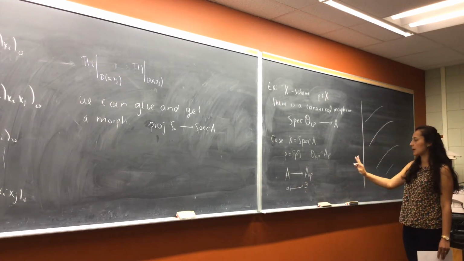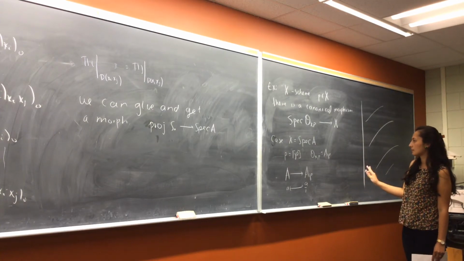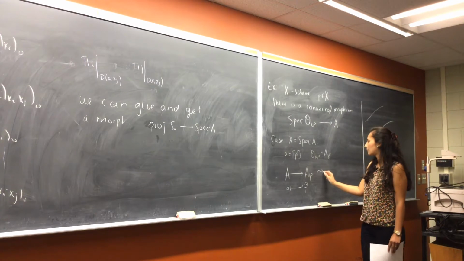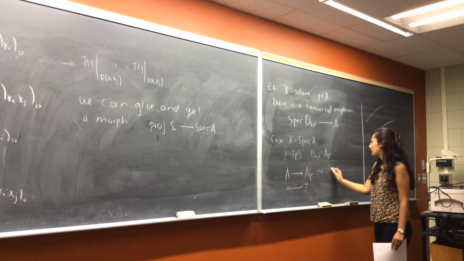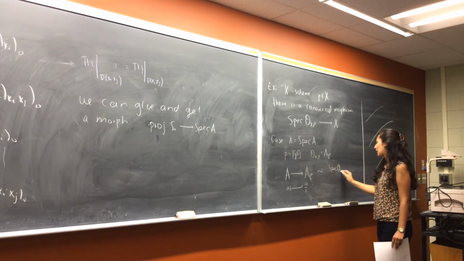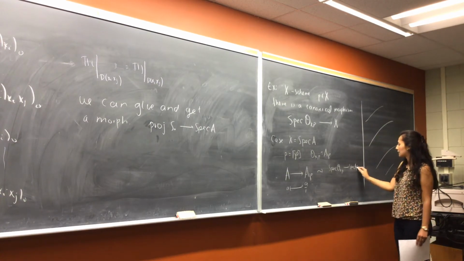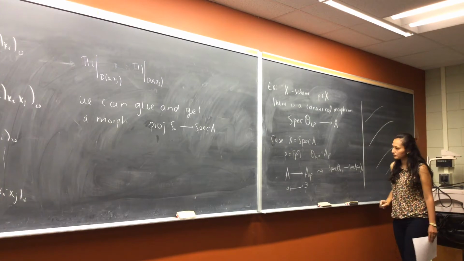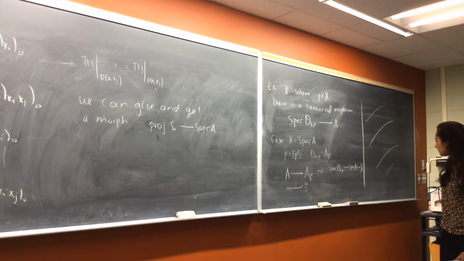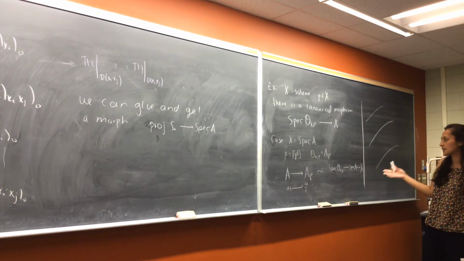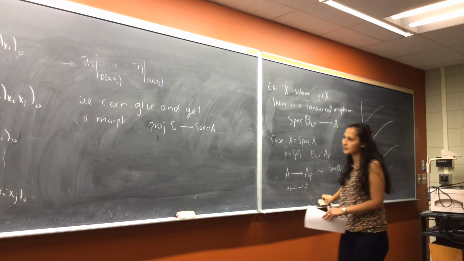And this produces a morphism of schemes. So we will have a map from Spec O_{X,P} to Spec A, and then we just include it into X. So this composition is what we refer to as the canonical morphism in the affine case.